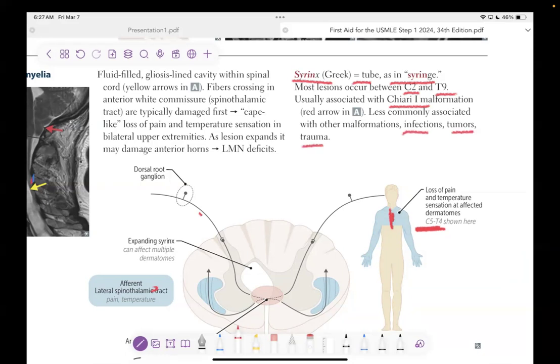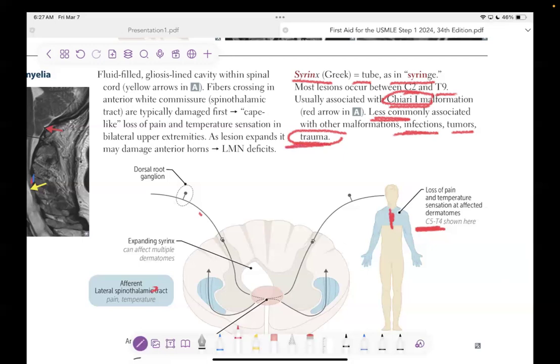I used to see questions about trauma and syringomyelia. It is rare, less common, but I used to see questions in Step 1 and Step 2 about trauma and infection. So just remember that Chiari-1 malformation is easy to remember with syringomyelia, but whenever you see a question asking about a patient with a cape-like distribution, loss of pain and temperature, what can be the cause?